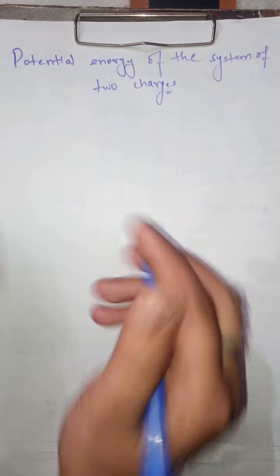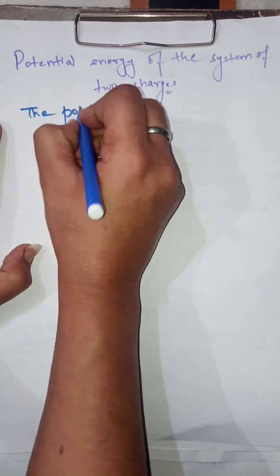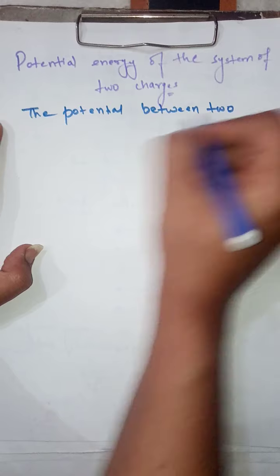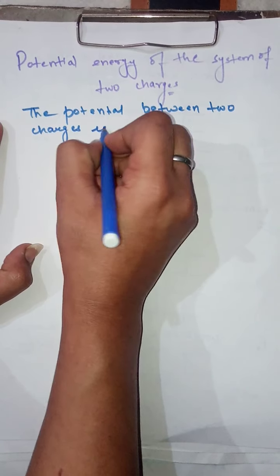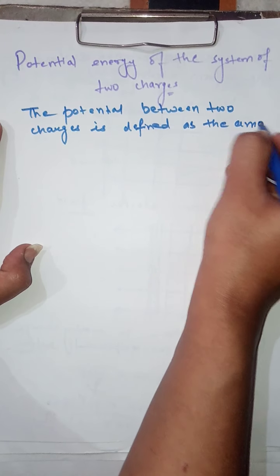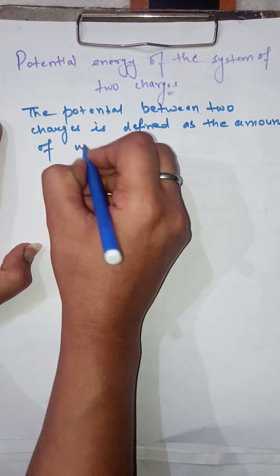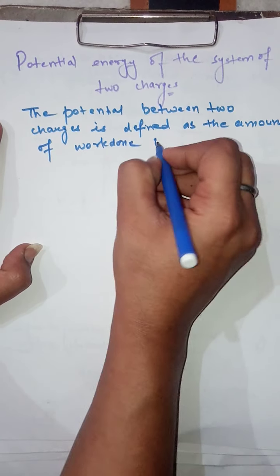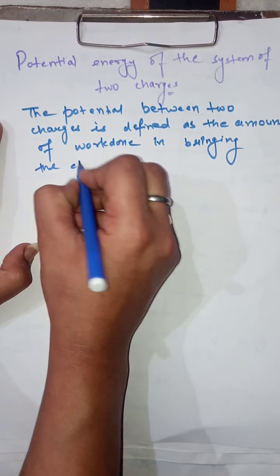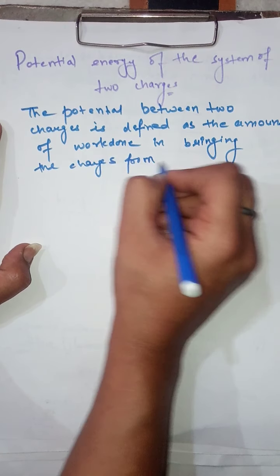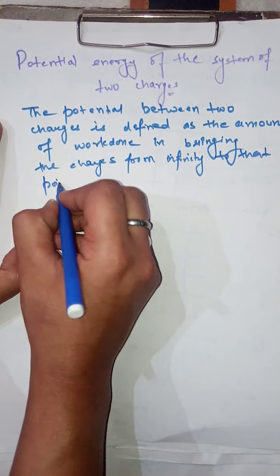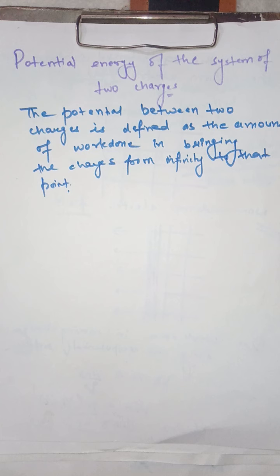So, the potential energy between two charges is defined as the amount of work done in bringing the charges from infinity to that point.